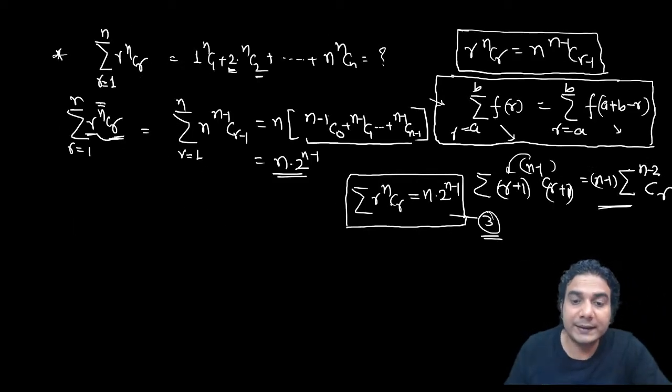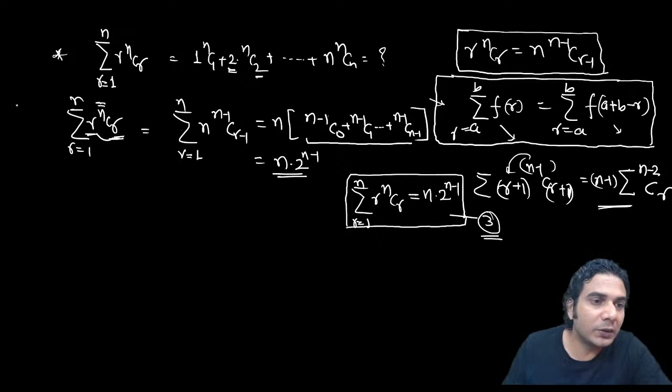It is sigma r nCr. r is starting from 1. Even if it starts from 0, the result will remain the same, because if r starts from 0, then the first term will be 0. So you're not adding anything extra in this. So the value of the series will remain the same.